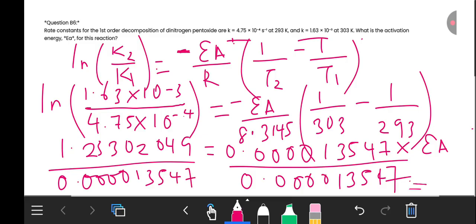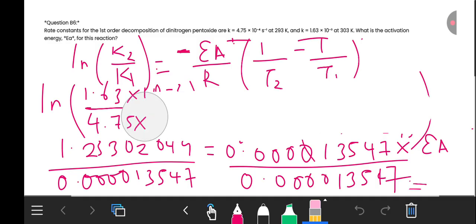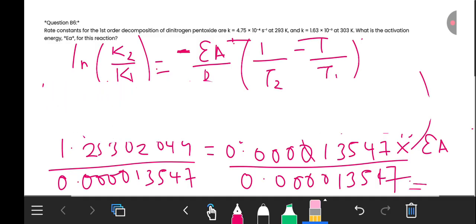So let's divide 1.233302049 by 0.000013547.